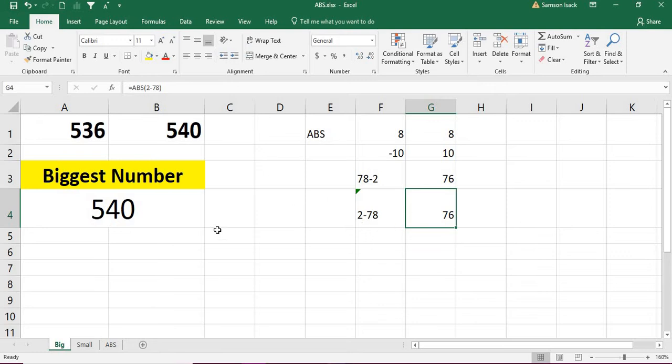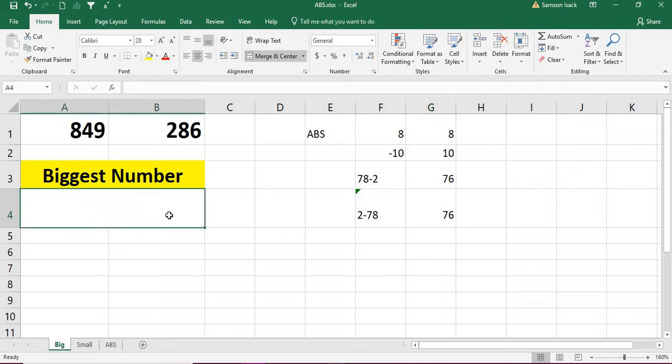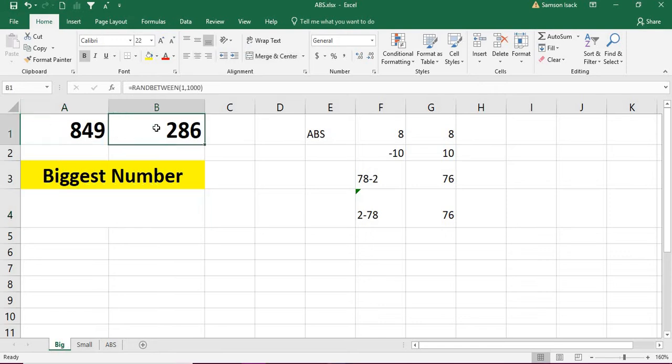Using this formula we are going to find out the biggest number. How to find out? I will show you. I have already taken two numbers here in cells A1 and B1, and these two are random numbers that change every time.